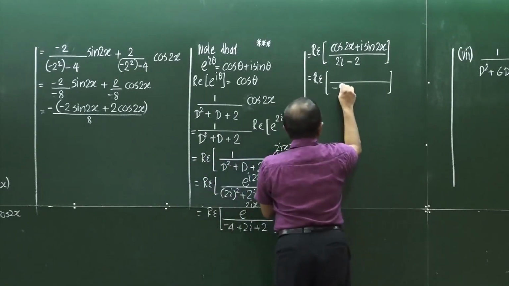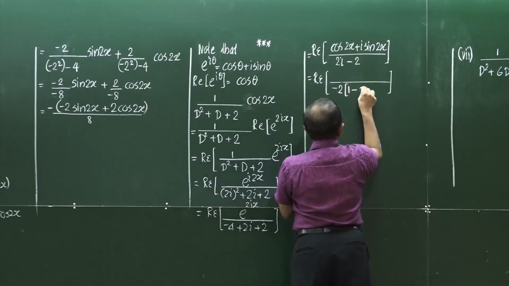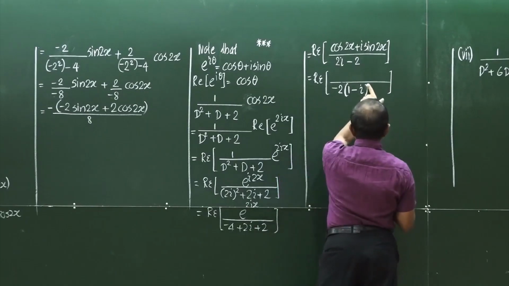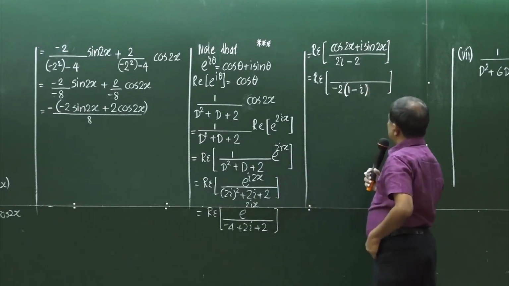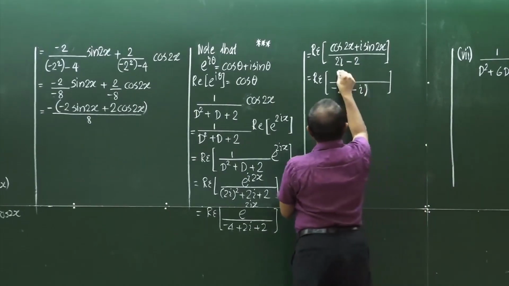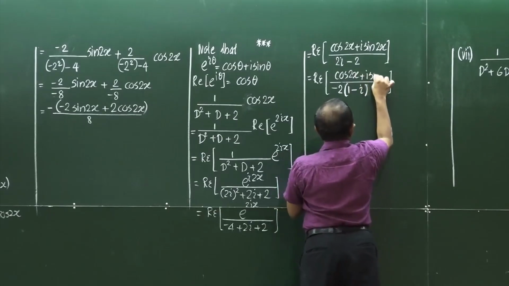Now still we are nowhere closer to the final answer. When I pull out minus 2, you get 1 minus i. Correct? I should put a bracket like this. Minus 2 times 1 minus i. Upstairs you have cos 2x plus i sin 2x.